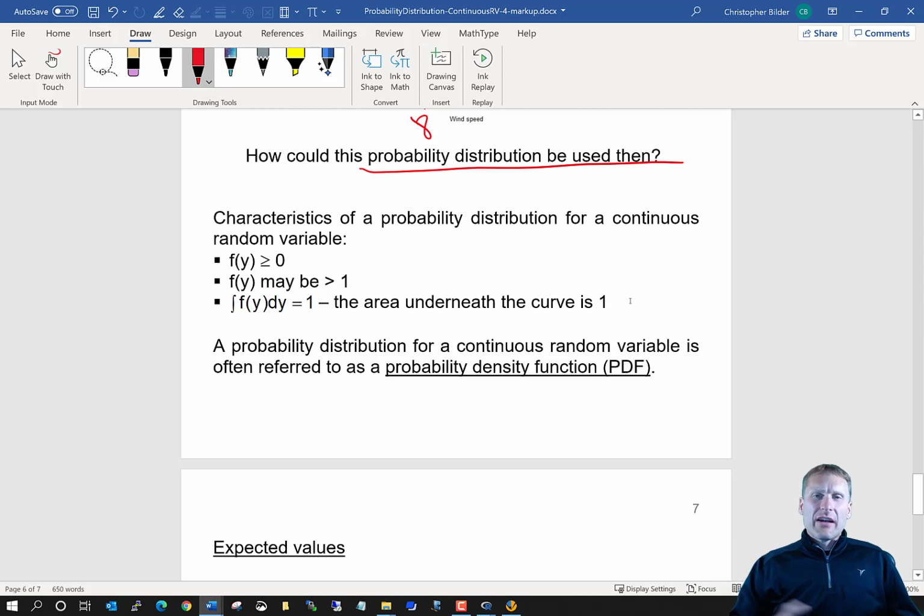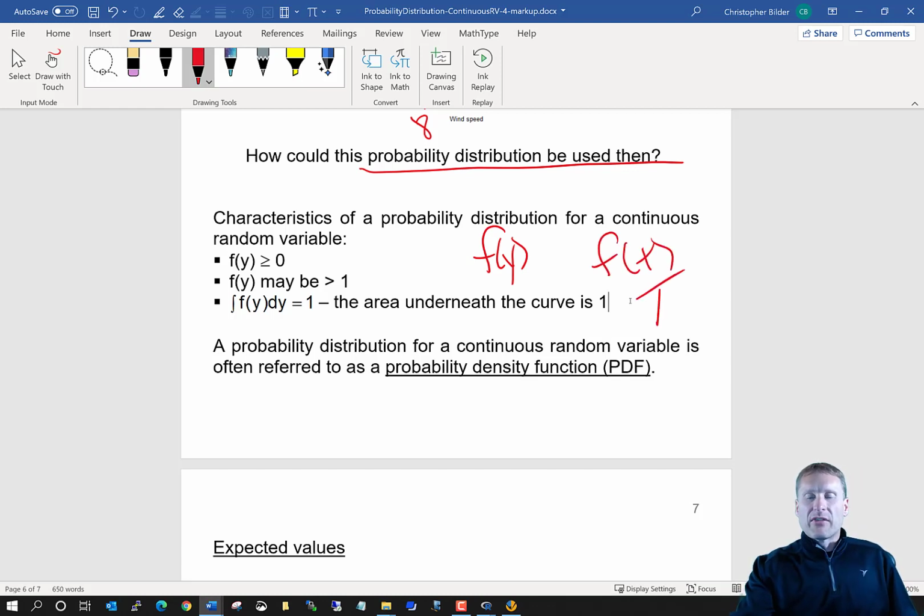So here are some general characteristics of these probability distributions for continuous random variables. Again, we will always denote it as something like f of y. For other situations, I might use, let's say, f of t, where my random variable itself is a capital T, or maybe I could say g of y for a random variable y. There's no special reason why I'm using f of y. So f of y is always going to be greater than or equal to 0.